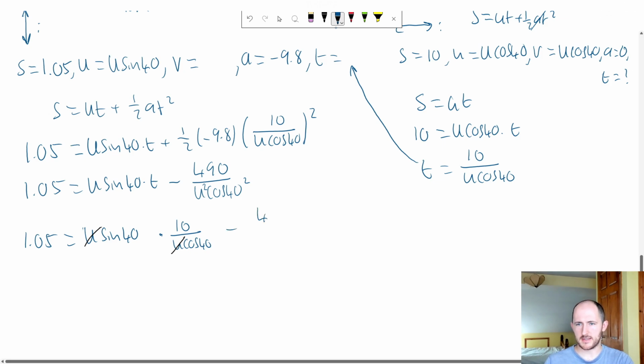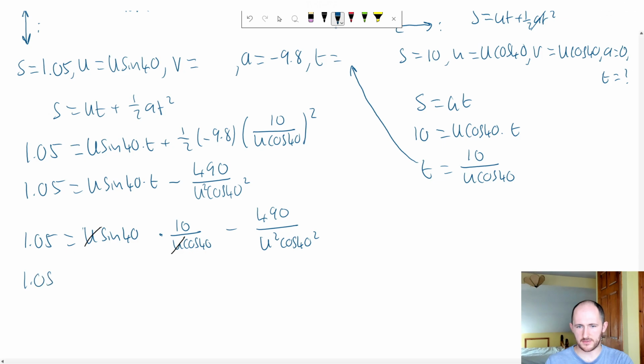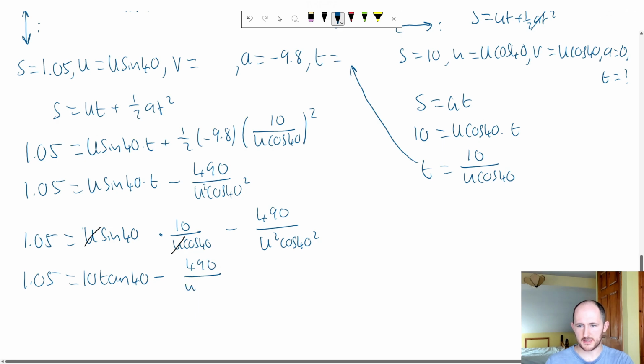Minus 490 over u squared cos 40 squared. Sine over cos makes tan, so this is 1.05 equals 10 tan 40 minus 490 over u squared cos squared 40.